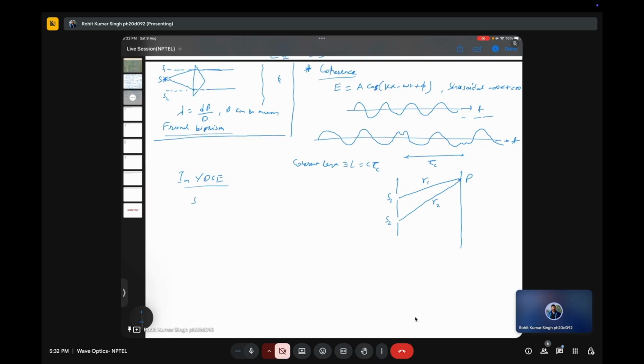So from S1 the light will reach at time t, so we are looking at time t, and the light was emitted from S1 at t minus R1 by c, and from S2 at t minus R2 by c.